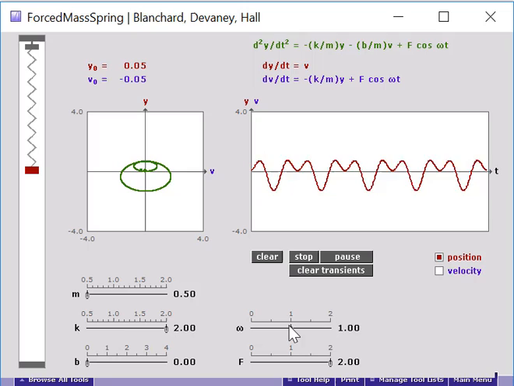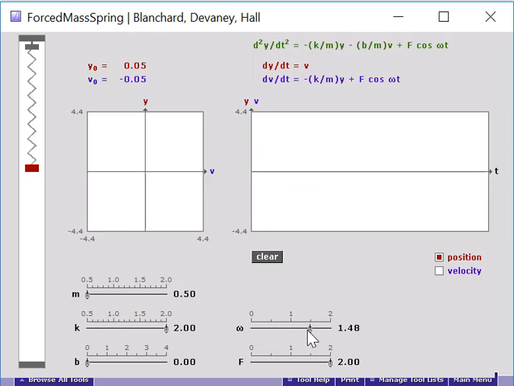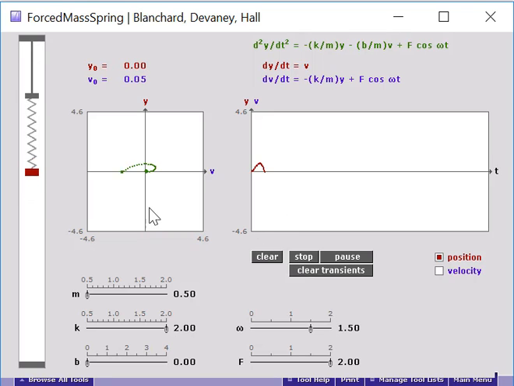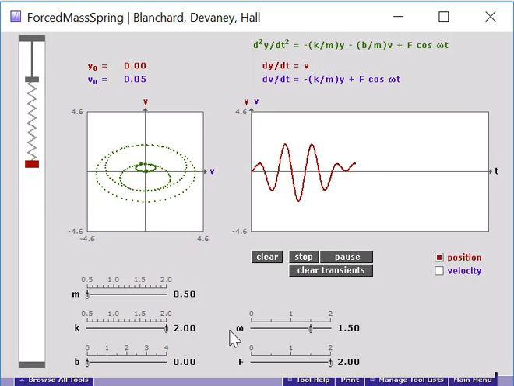So let's change the forcing frequency to something a little closer to the natural frequency. If I change omega to 1.5 or close to it, and we start this again at 0, 0, we start seeing this idea of beats.